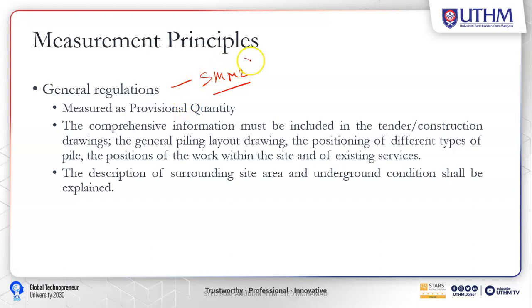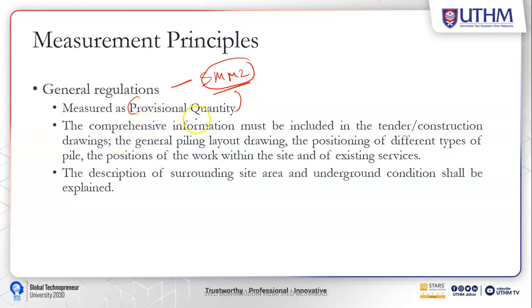These are our major reference. This file piling work will be measured as provisional quantity, because sometimes we do not know the actual quantity, so that's why the QS will put it as provisional quantity.